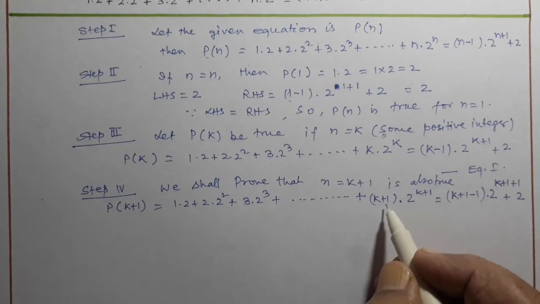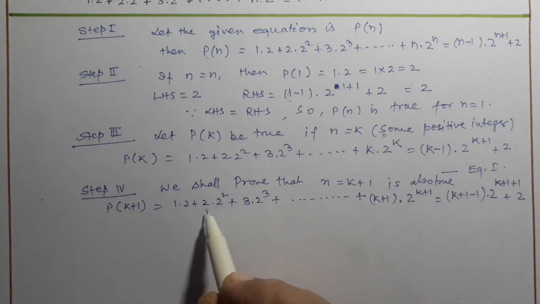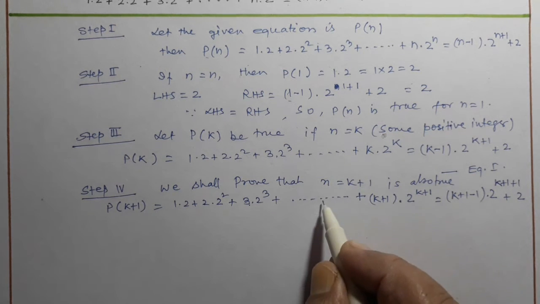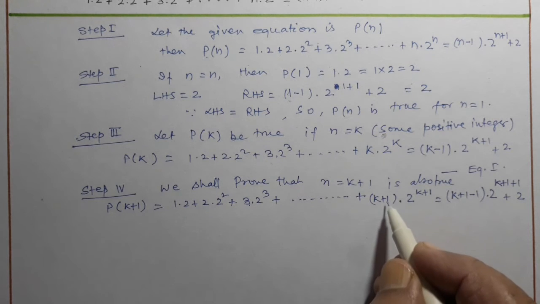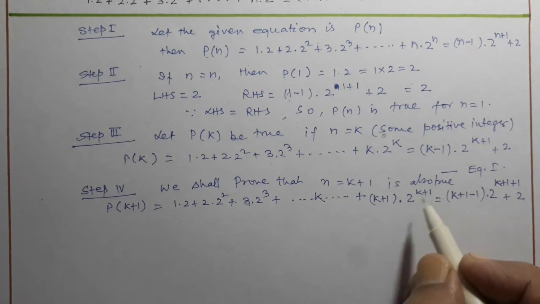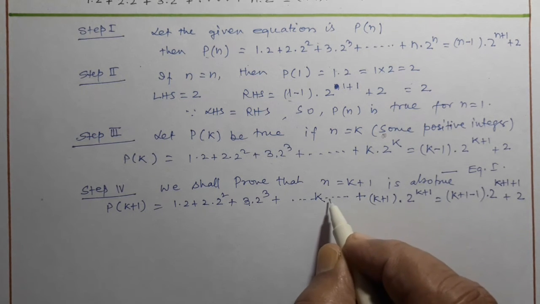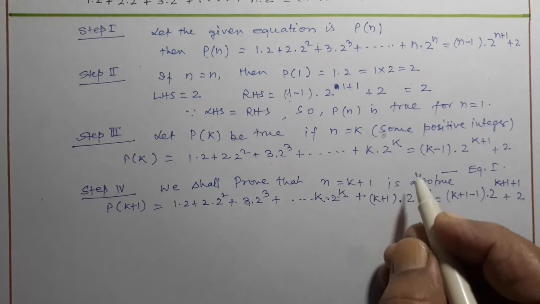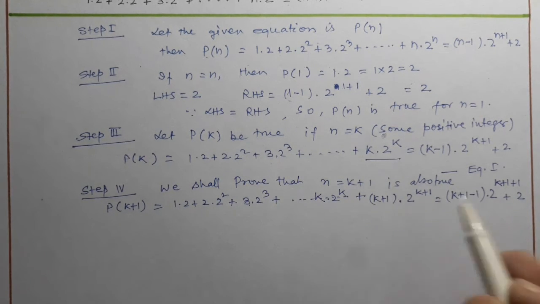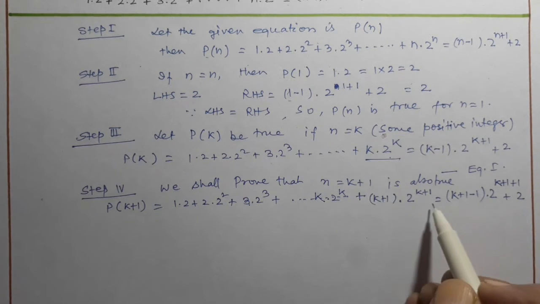The term before the last one is k·2^k, because each term's multiplier is one less than the next, so in all questions we can write this term before the last term.